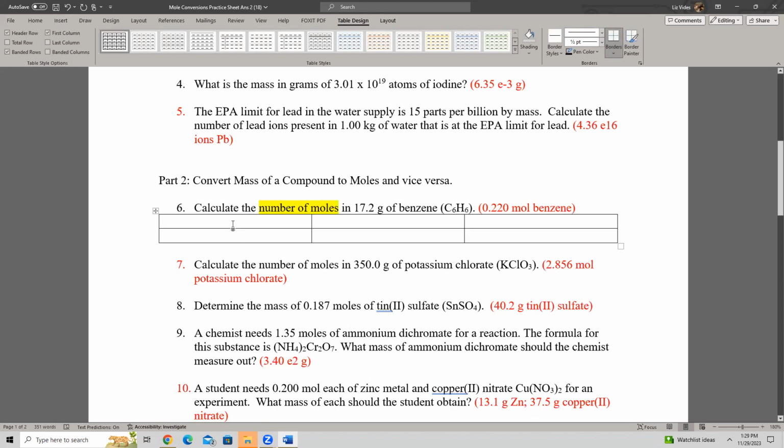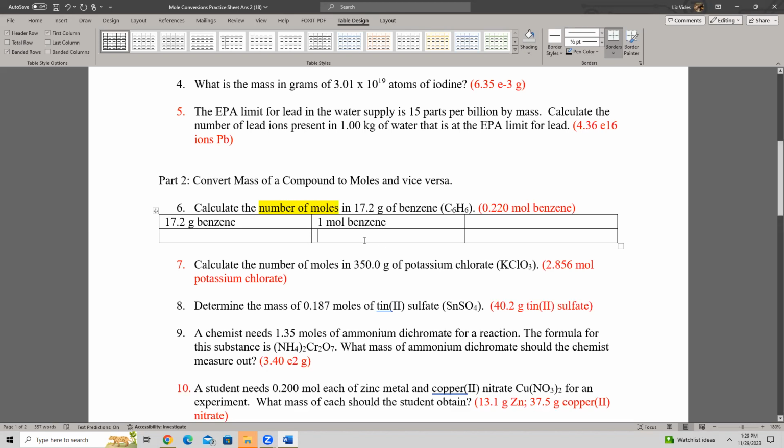Okay, let's first do 17.2 grams, right? We're just going to call it benzene because it's easier to write the name than the formula, although we could copy the formula. So 1 mole of benzene goes on the top, equals, well, let's find out.